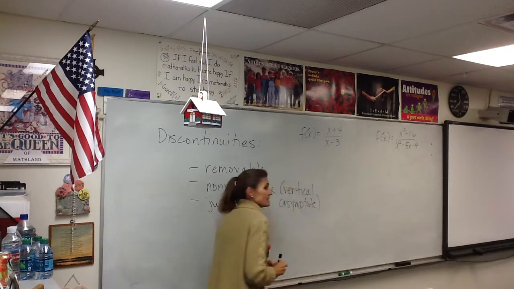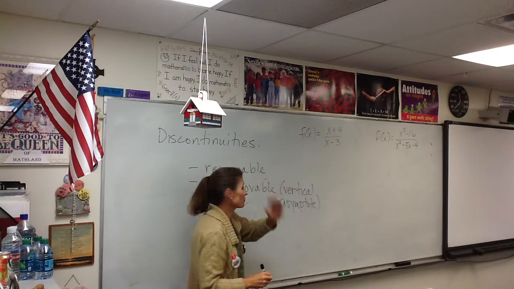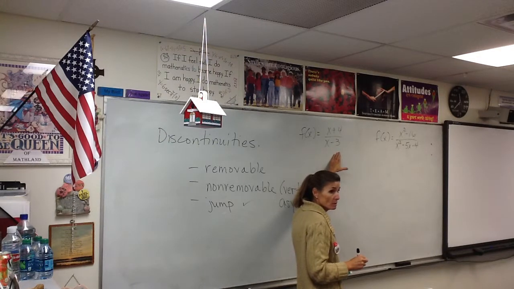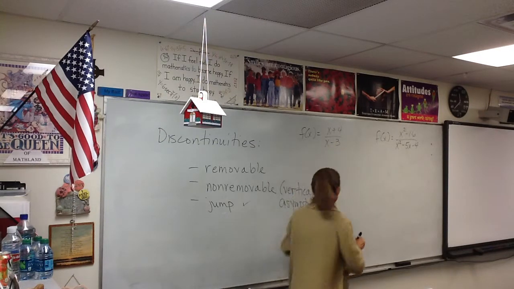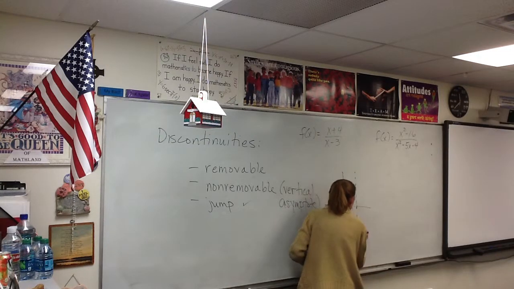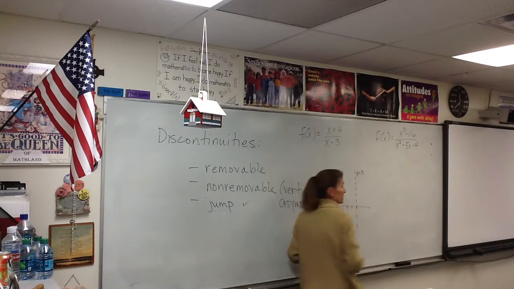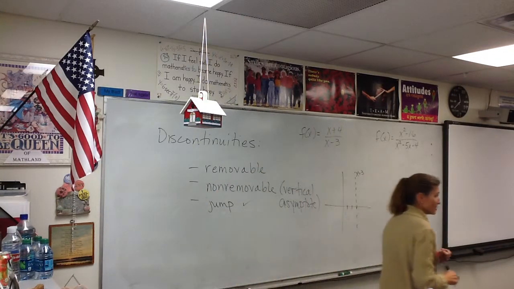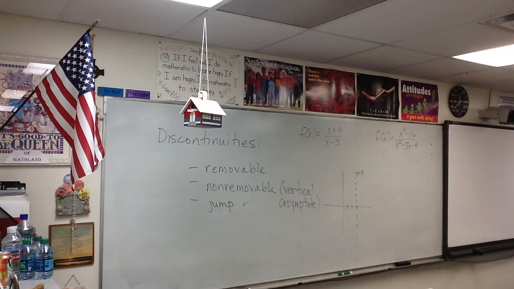So when Jared says X cannot be 3, and I hope everybody sees that because that would make the denominator 0, that tells me that where X is 3, I'm going to have a vertical asymptote in my picture. That is a non-removable discontinuity. A vertical asymptote is a barrier that you cannot cross because X cannot be it. No negotiation. It cannot be.